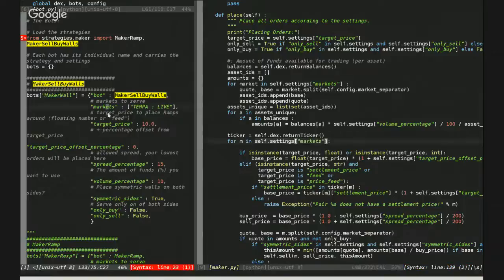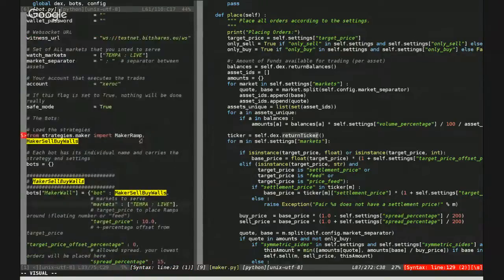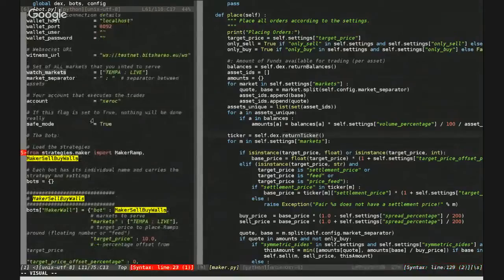So self-settings is whatever you hand over in this dictionary, and the return ticker gives actually everything that is from the markets given by the watch markets. It's a little inconsistent, but it makes it easier for combining different bots together into just a single bigger bot.